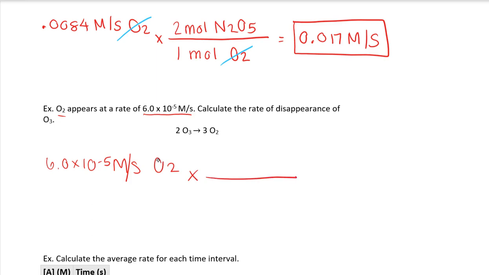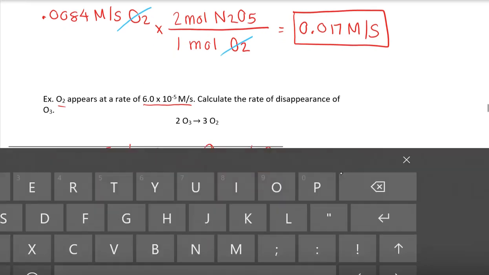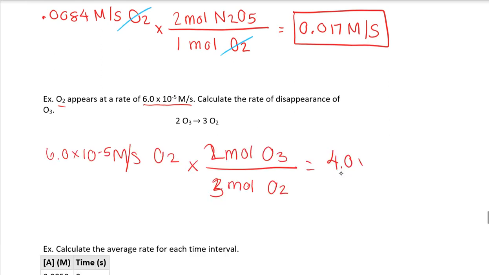And then all we have to do is plug in our mole ratio from the balanced reaction. All right, so that would get me to 4.0 times 10 to the negative fifth.